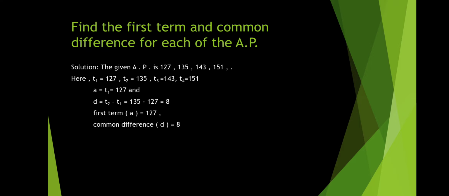As we know, A is equal to T1 is equal to 127 and D, since it is an AP, we'll get directly. D is equal to T2 minus T1, that is 135 minus 127 is equal to 8. So the first term is equal to 127 and the common difference D is equal to 8.